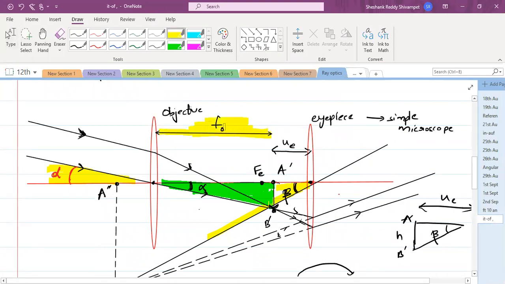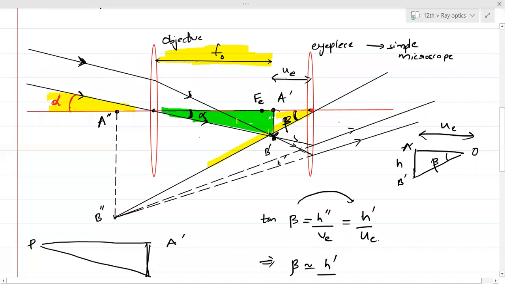Is that distance equal to f naught? Yes or no? Everyone, the incident rays are parallel. If they are parallel, the image formed will be at the focus. So the image A dash B dash is at the focus of the objective. So that distance will be equal to f naught.